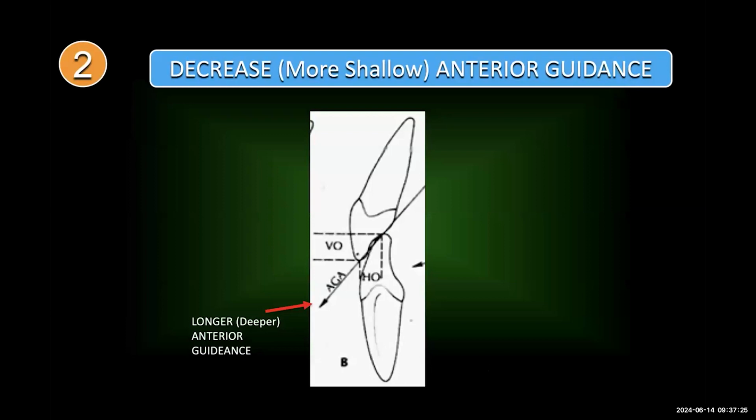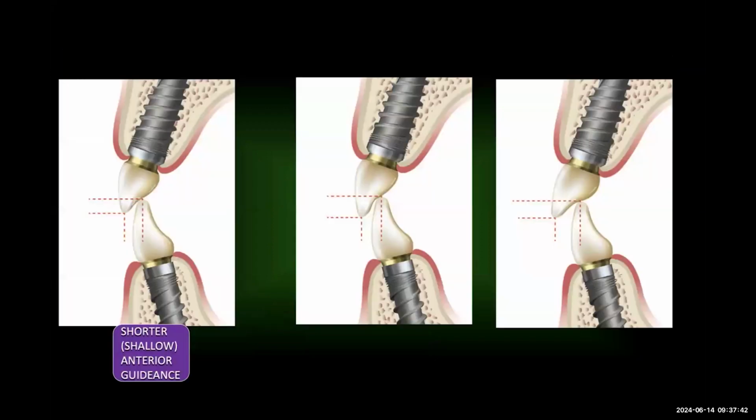Number two, we talked about this at webinar 1 and also webinar 2. We always want to decrease our anterior guidance. What do I mean by that? The angle. We talked last session about the single cuspid, how we want to disclude as soon as possible. It's the same with fixed implant prostheses, whether it's implant against implant or implant against natural teeth. We want to disclude as shallow and as short as possible.